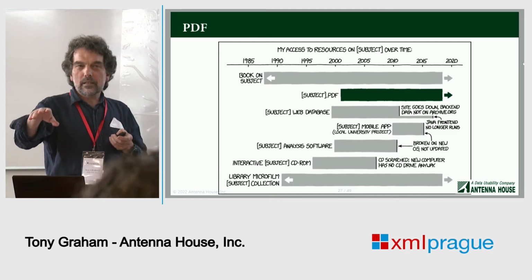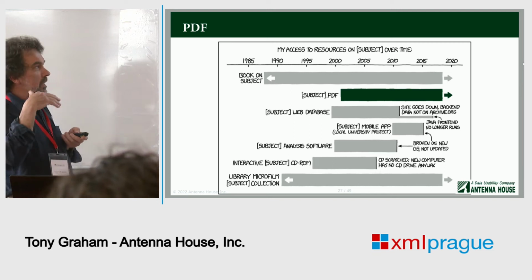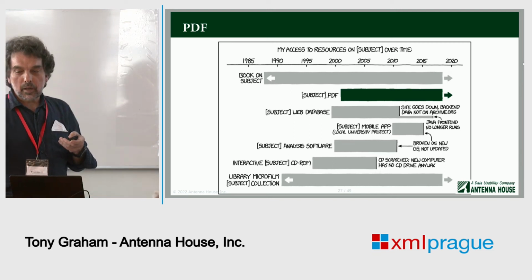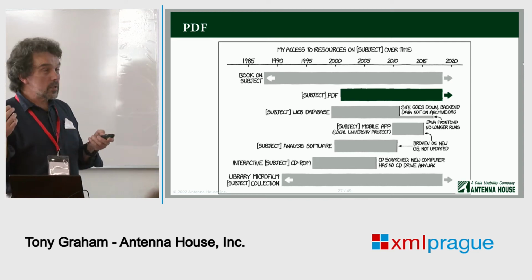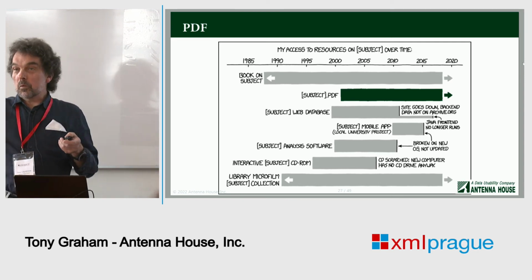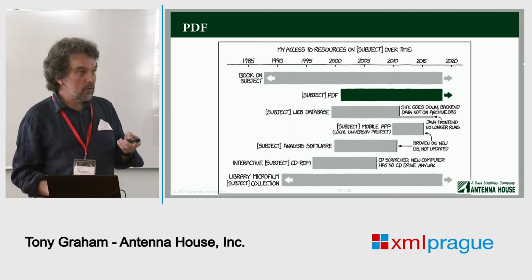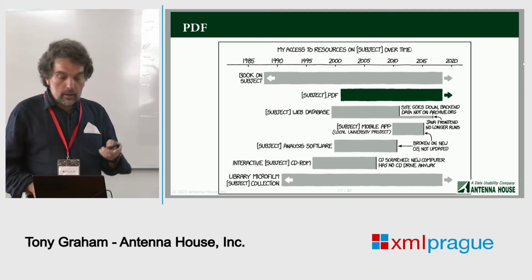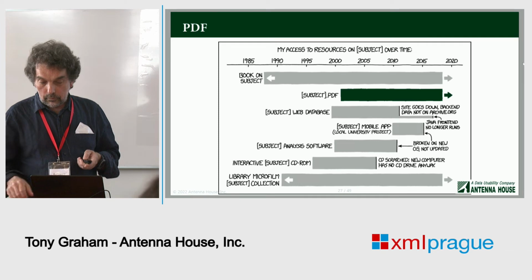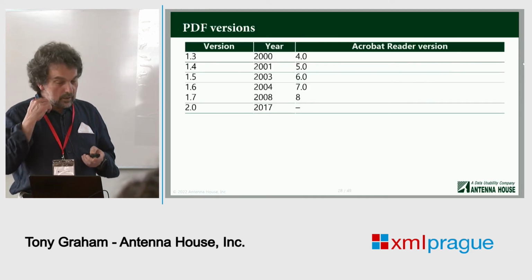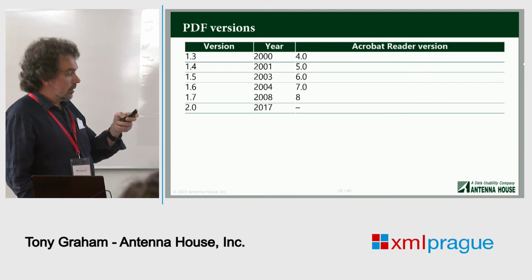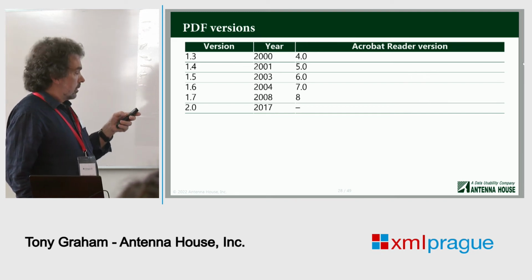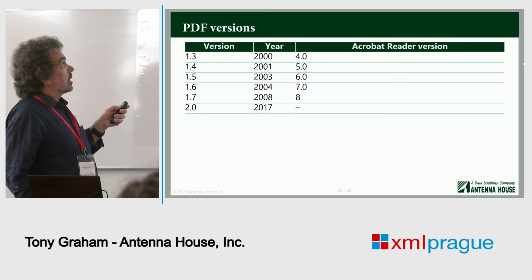PDF is designed to be forwards compatible so that you can continue to use it. It's gone through several revisions, and your PDF 1.3 will still open in your current PDF reader. PDF 1.3 came out in 2000.